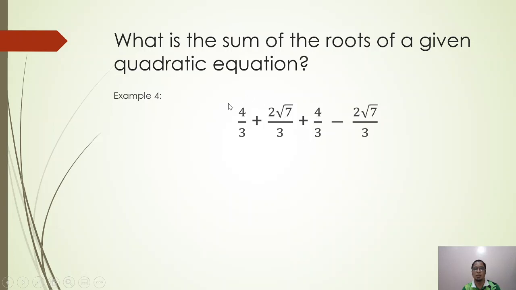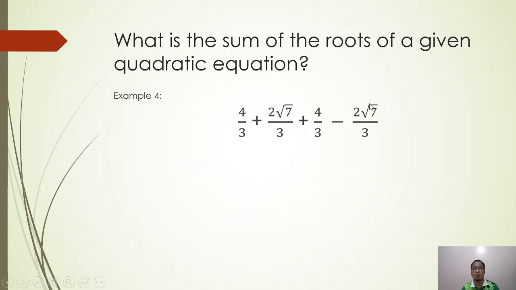Ang focus natin yung nasa taas. Meron tayong 4, positive 2 square root of 7, and negative 2 square root of 7. Meron pa tayong kasamang positive 4. If you notice, nilagtangan ko kanina to, gusto ko kasing makita ninyo na meron tayong positive 2 square root of 7, tapos meron tayong negative 2 square root of 7.